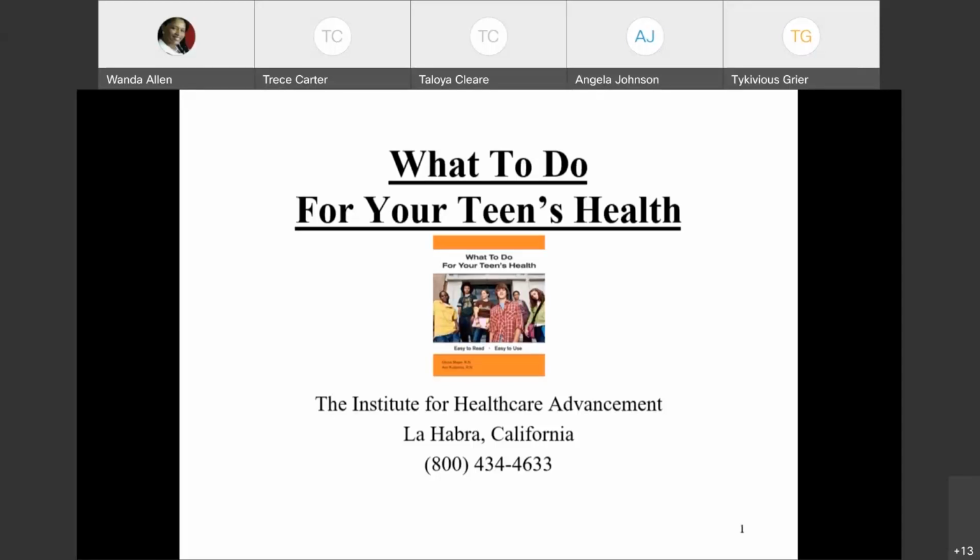So if you turn with me to page 47, it gives you a summary of a sample lesson plan. It lists the goals of the class. It basically says at the end of the class, people will demonstrate how to use the book at home to keep teens safe and healthy, recognize signs of problems, and get help for their teen. And like I told you all, if you wanted to teach the entire book, it will take at least 2 hours.